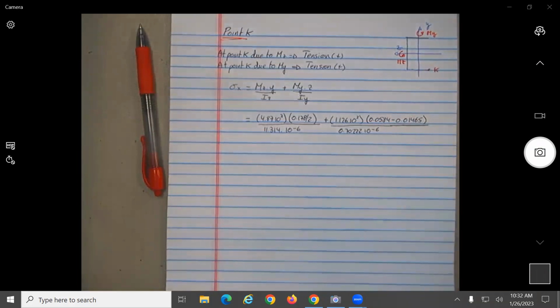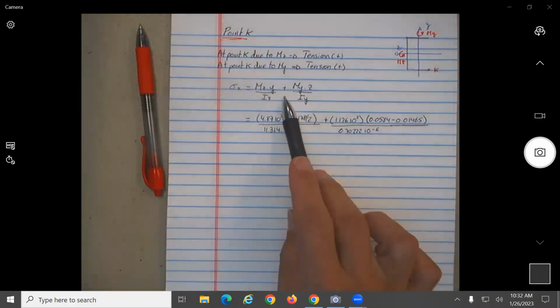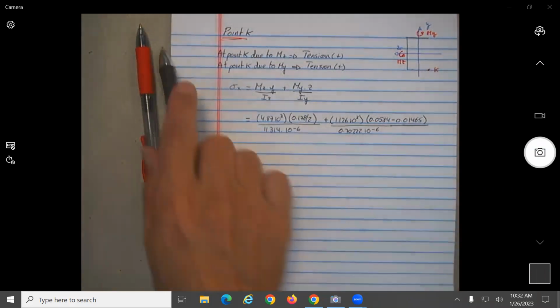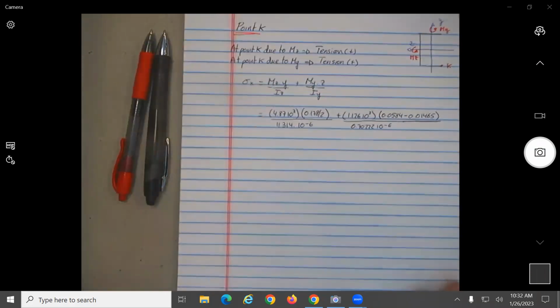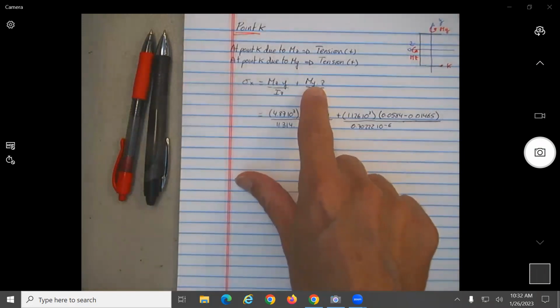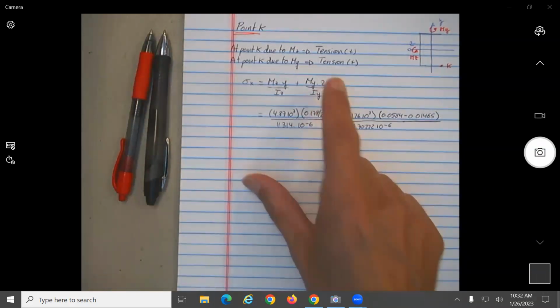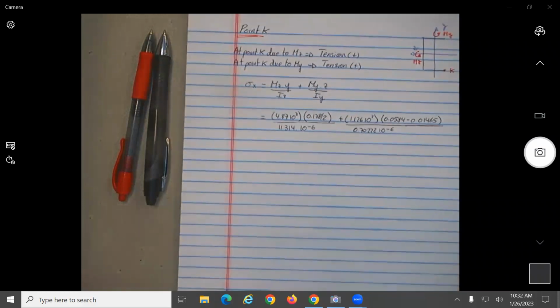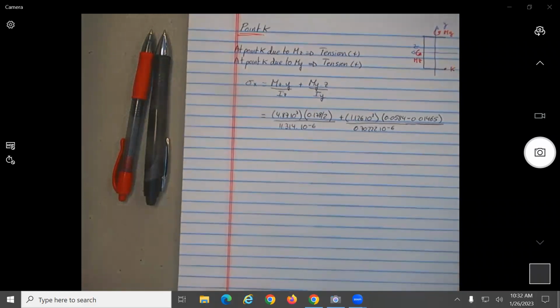Be careful here, because if you put the negative, then this term is negative. And if this term is negative, what does that imply? It's compression, but it's not compression. I'm not asking you to put the signs based on the sign of the moment or the Z, but by understanding. So don't make the mistake of doing all the reasoning, this is going to be compression, and then changing the sign because the Z or the Y are negative.